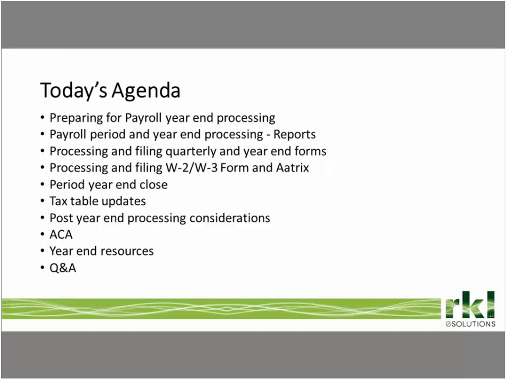We'll actually take a look at doing a full period end close and what's involved with doing tax table updates, some of the post year-end processing things to consider, ACA for those of you where it's applicable, touch base with what some of the resources are so that you don't feel left abandoned.